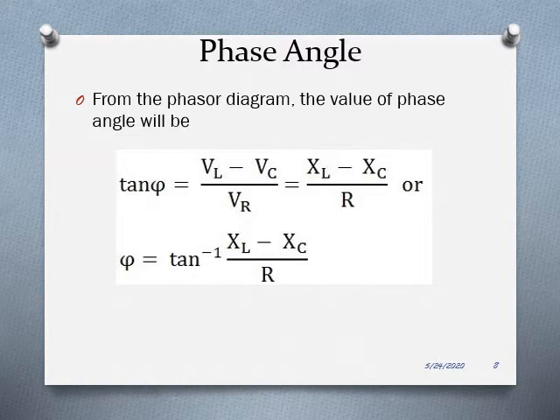That is, cancel out the current term, you will get it as XL minus XC divided by R. So to get the phase angle phi, it is tan inverse of XL minus XC divided by R. Or you may get the phase angle by simply taking the power factor cos phi also, that is simply adjacent side divided by the hypotenuse, R by Z. Taking cos inverse of R by Z also will yield the same phase angle.